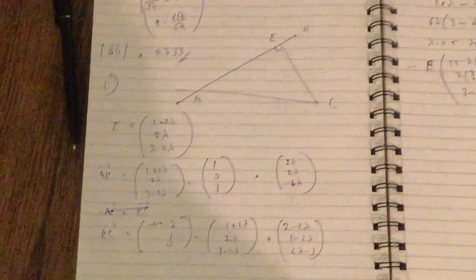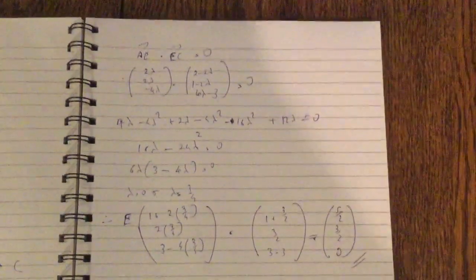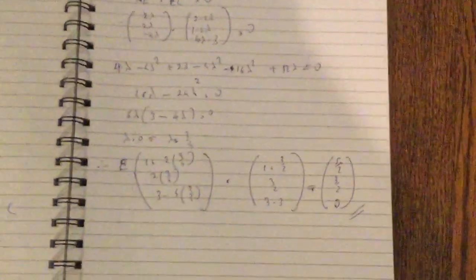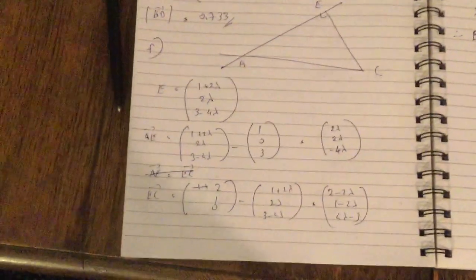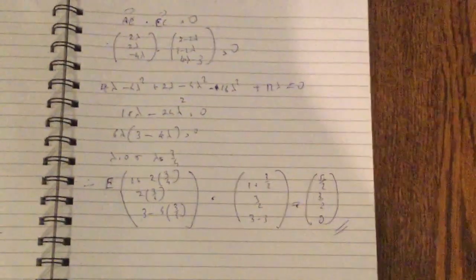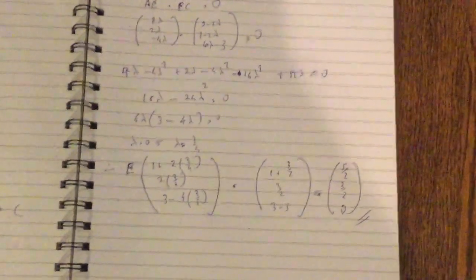So what I did is I worked out AE and EC, and then I did the dot product here, which is equal to 0, and then I get lambda equals 3 over 4 or 0, and then you plug that in. Obviously lambda can't be 0. Well, it can be, but then it becomes just the point A. So I used 3 over 4, and I get my point to be (5 over 2, 3 over 2, 0). Okay.